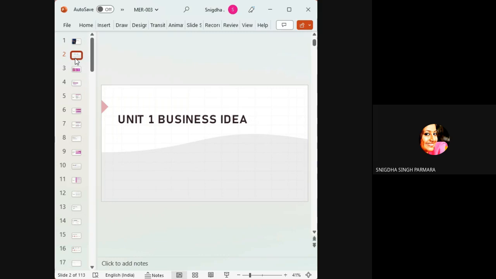So after all those analysis, only entrepreneurs are suggested to be moving ahead with the ideas that they've finalized for commercializing into a product or a service.